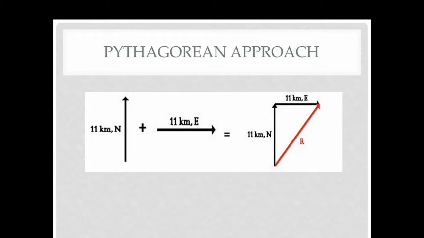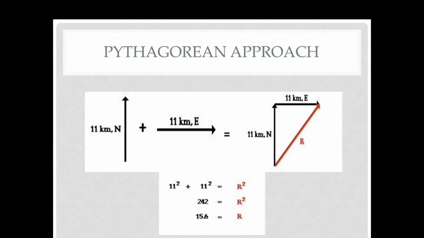When the two vectors are added head to tail as shown, the resultant is the hypotenuse of a right triangle. The sides of the right triangle have lengths of 11 kilometers and 11 kilometers. So the resultant can be determined using the Pythagorean theorem. So we can see now that it has a magnitude of 15.6 kilometers.